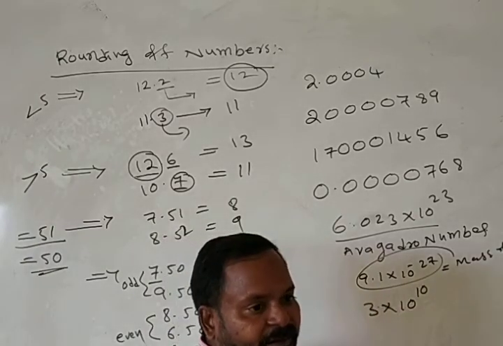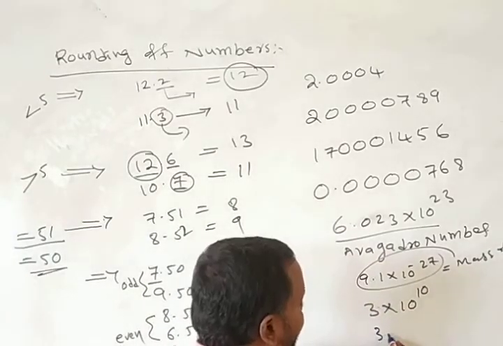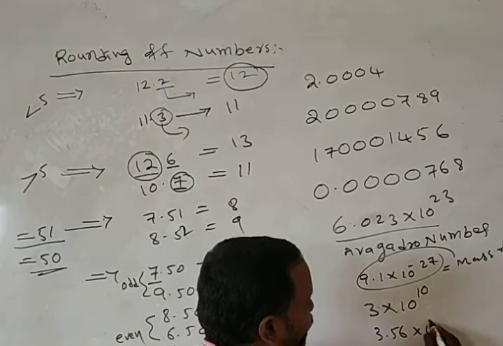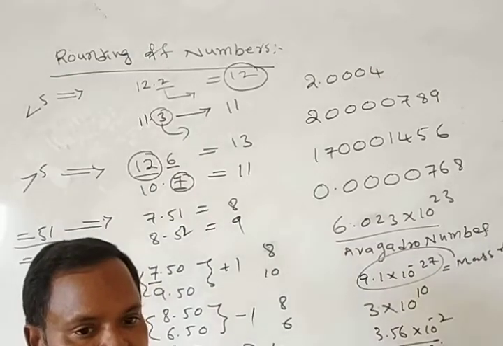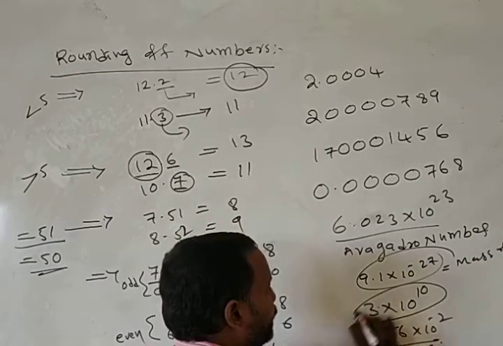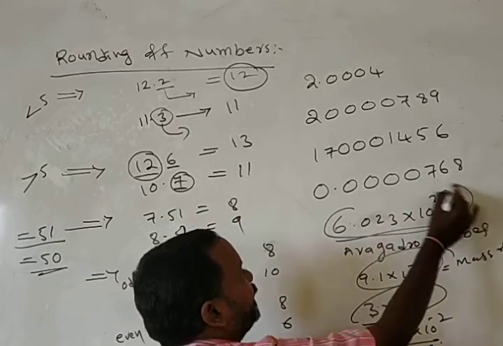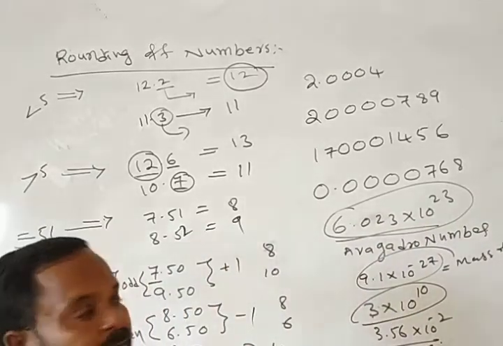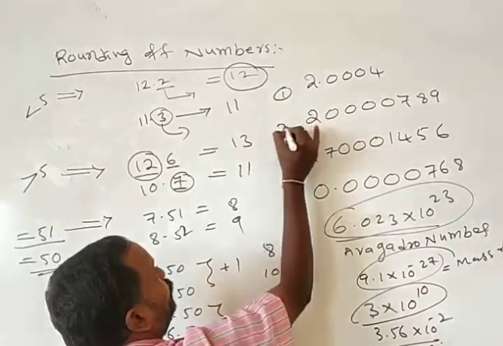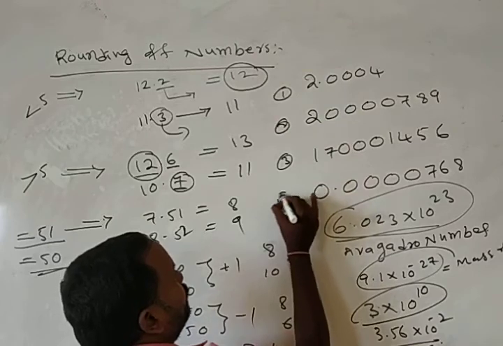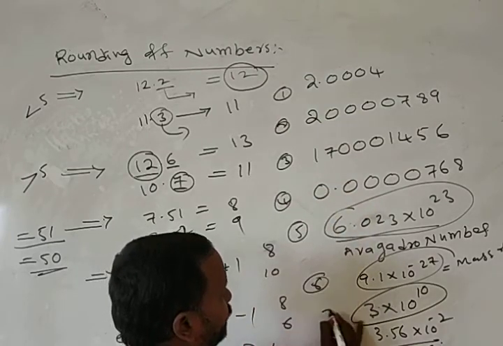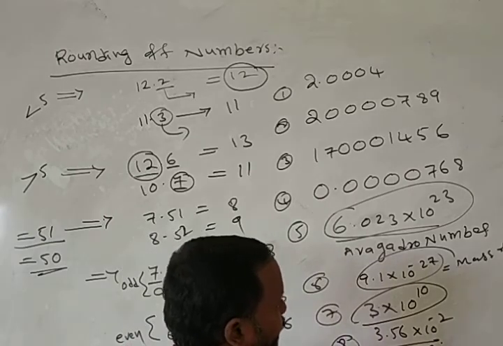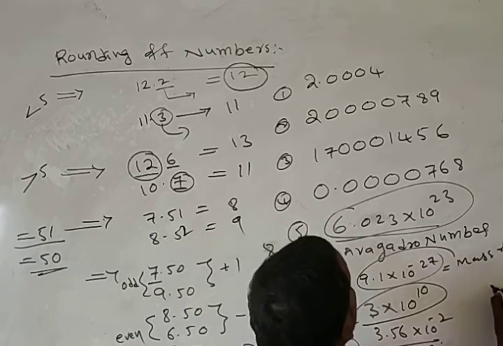How many significant figures are there? 3.56 into 10 to the power of minus 2. How many significant figures are present here? Just identify the significant figures here.